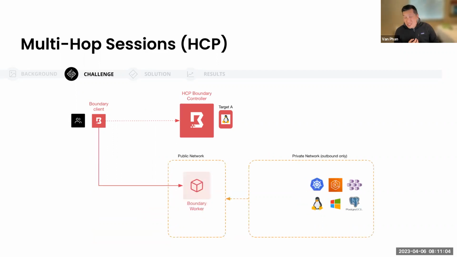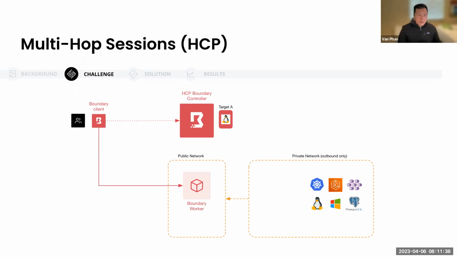There are other organizations that have more complex networks as well, where maybe they do allow the client to connect to the Boundary worker through some type of DMZ or some type of public network that is accessible from the outside world, but all their resources reside in some other private network that provides outbound access only, or some other complex topology that requires them to hop through different subnets or different networks, right?